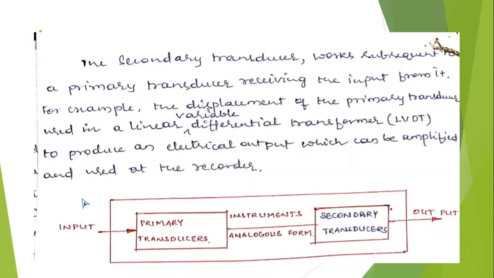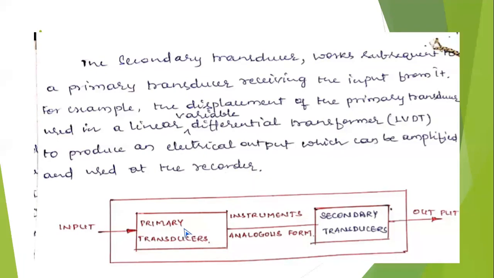For example, in measurement of taper on a component, the dial indicator moves on the tapered component. For that reason, the plunger moves upward, and that is the input to the primary transducer.